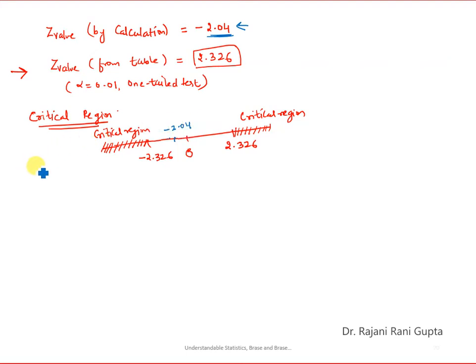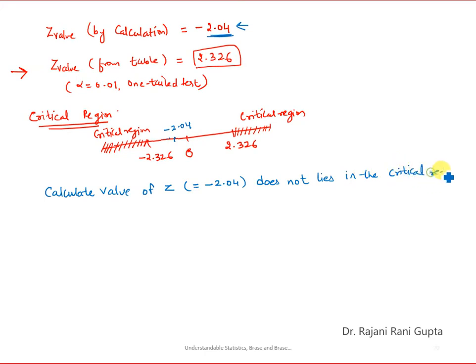So we say that our calculated value of z, which is minus 2.04, does not lie in the critical region.